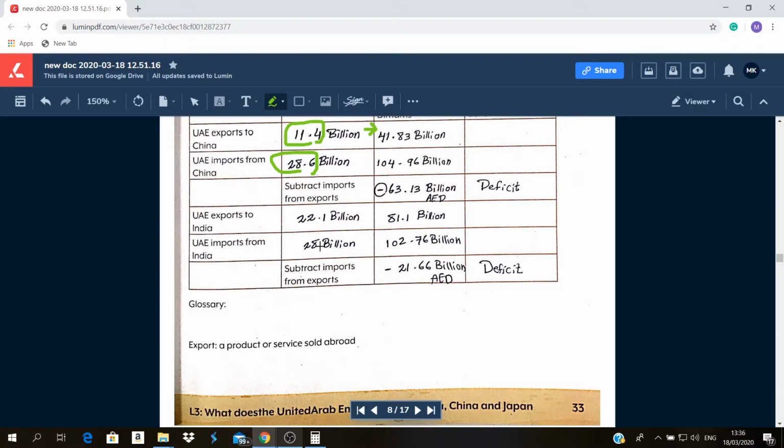So exports, imports, without looking here. 28 imports, 22.1 billion export. Which one is more? Imports are more than exports, so UAE is buying from India more than selling, so it's deficit. We're going to multiply it with 3.67, so it equals 81 billion, and here 102.676.